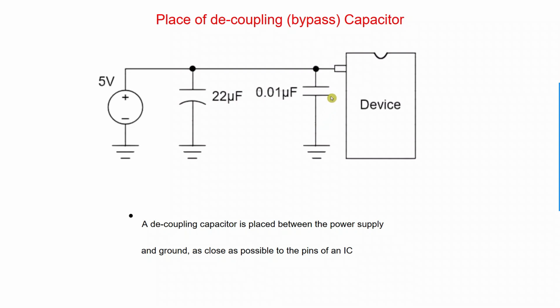As you can see here, this is the supply pin and this is the ground. So also this is closer to the power pins. So you should always keep the decoupling capacitor as shown, closer to the power pin.